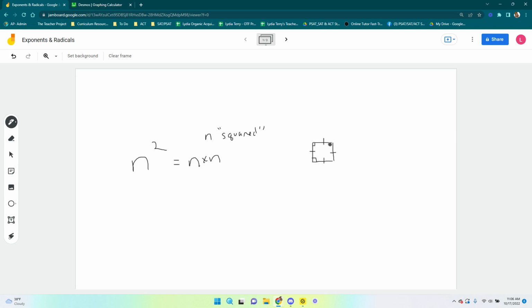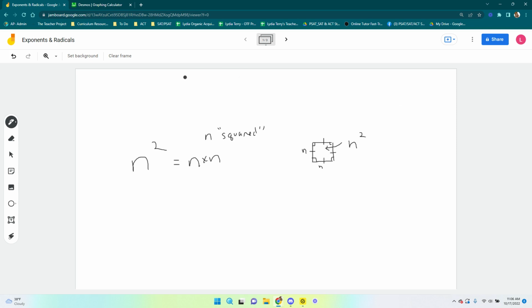In other words, we've got a quadrilateral with 4 sides that are the same. The area of a parallelogram is base times height, and my base and my height are the same exact thing. So my area will be n squared, and that is why we say square.